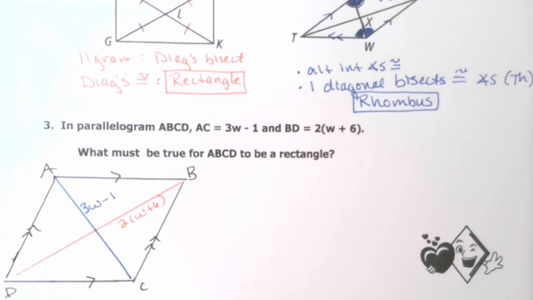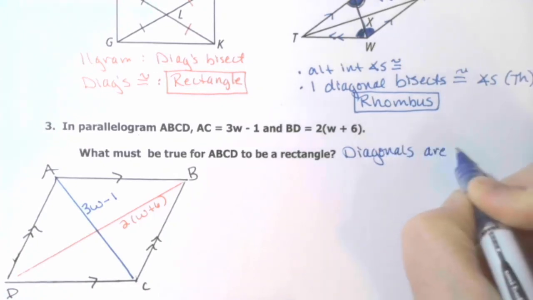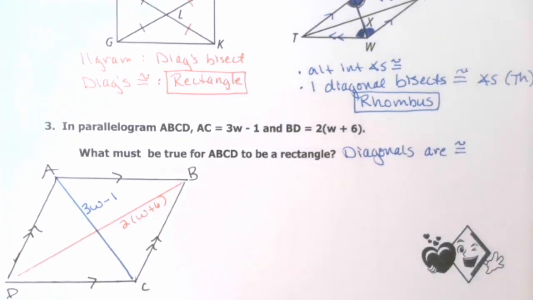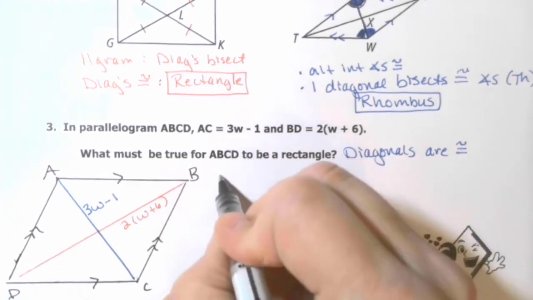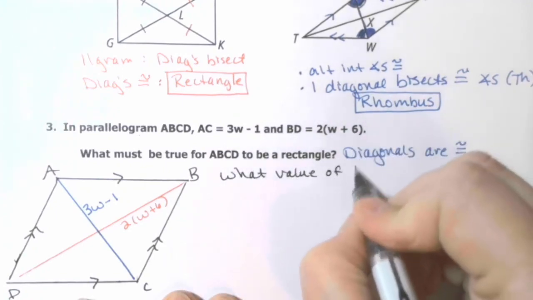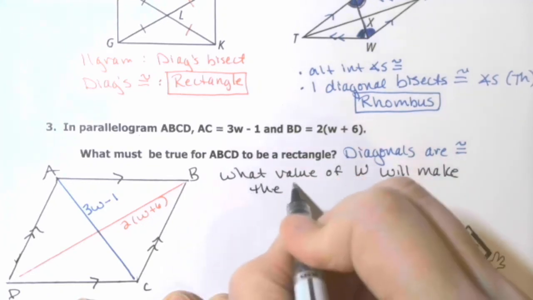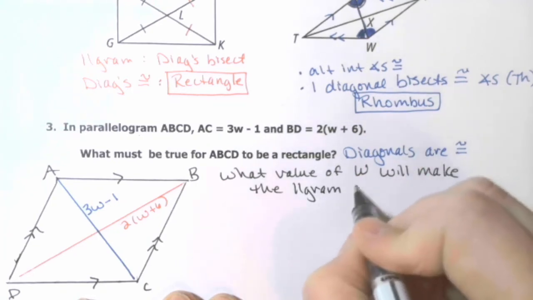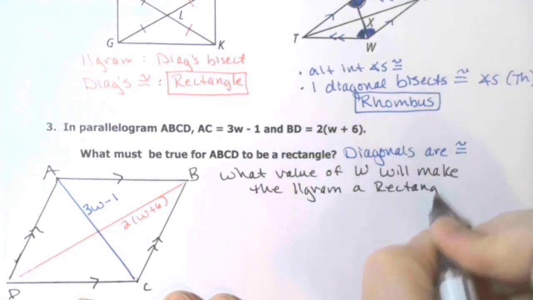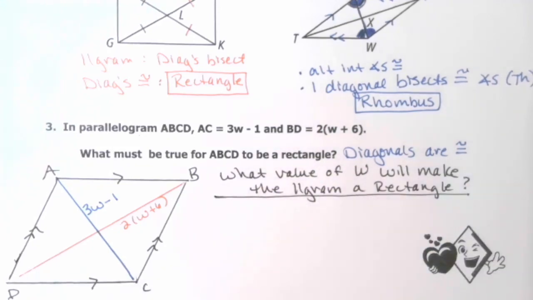Well, for it to be a rectangle, the diagonals must be congruent. So the part of the question got chopped off, which is: what value of W will make the parallelogram a rectangle?